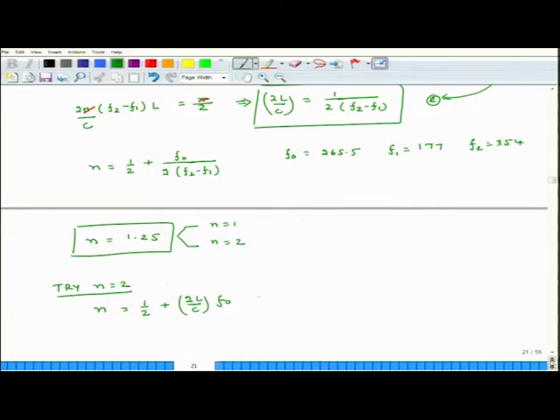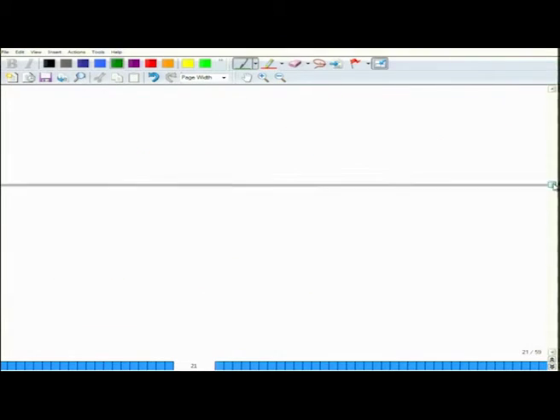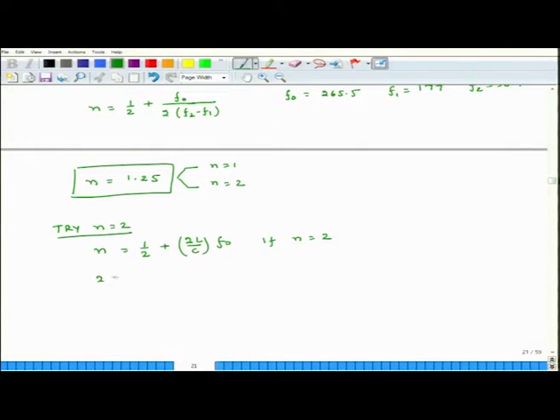So, if n is equal to 2, then we get 2 equals half plus 2L by c, and what is c? c is the velocity of sound, 337.5, and what is f naught? f naught is 265.5 hertz.